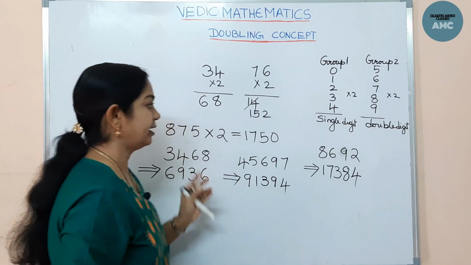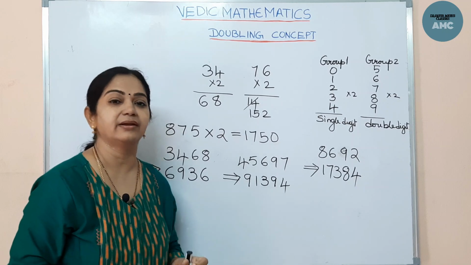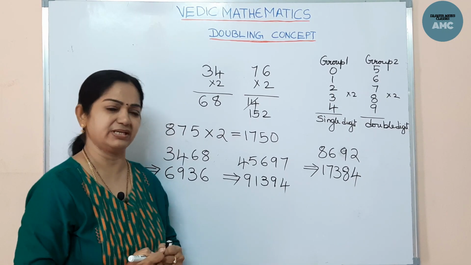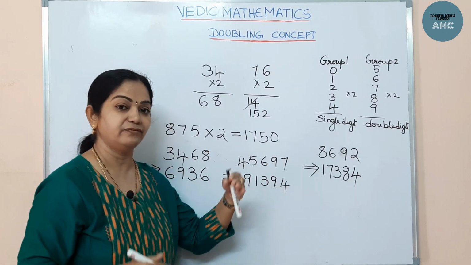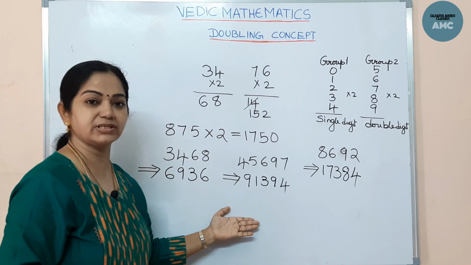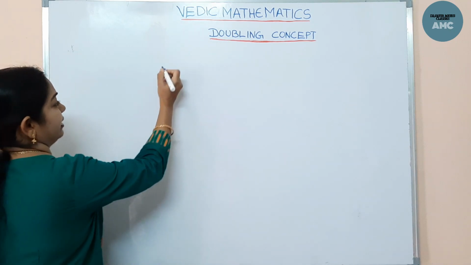Simple concept. Now you know the doubling concept. Now, why do we have to use this doubling concept? It is as simple as this, in a few seconds you can double it. The benefits of doubling, I'll tell you. Please pause and note it down. Let us take a few more examples. Now, I'll take a 3-digit number.